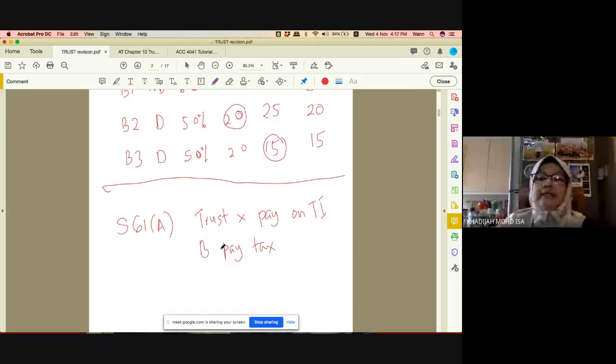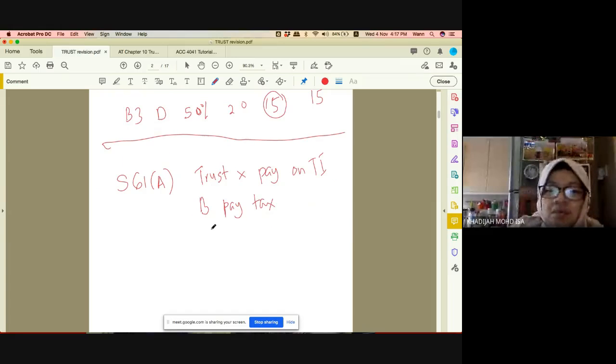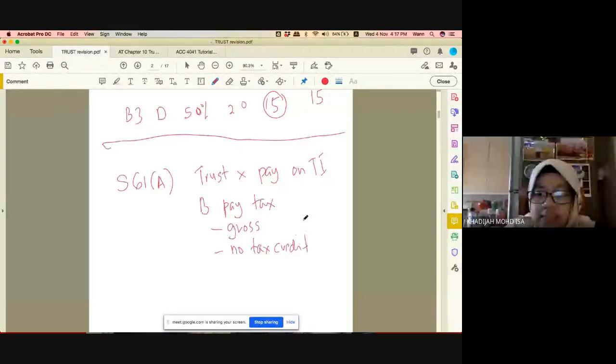It means that in this case, the beneficiary will be assessed at gross. Similarly, even if you don't apply 61A, you will always be assessed at gross, but there will be no tax credit. Why? Because tax has not been paid on the trust income. So there's no tax liability on the trust. Whatever tax on the trust will be paid by the beneficiaries. That is when we say that we apply section 61A.